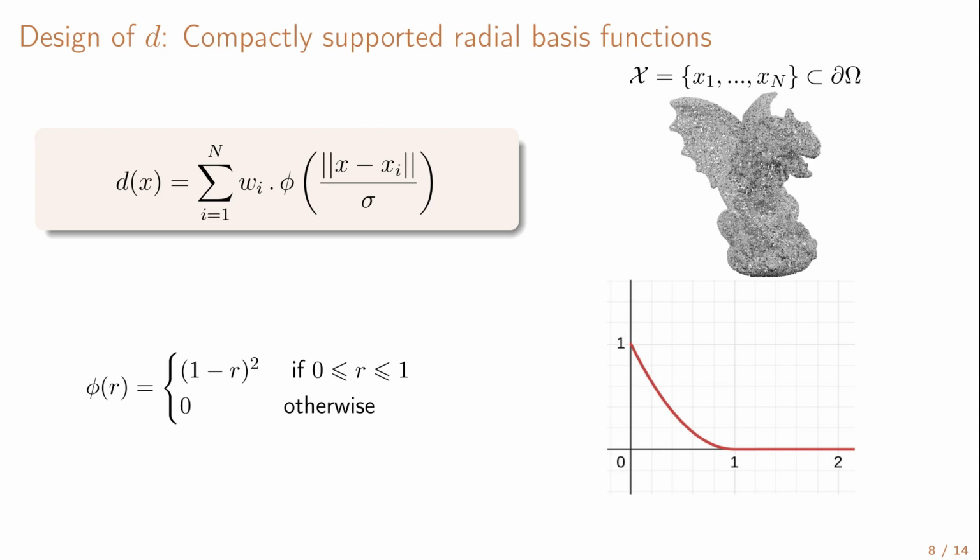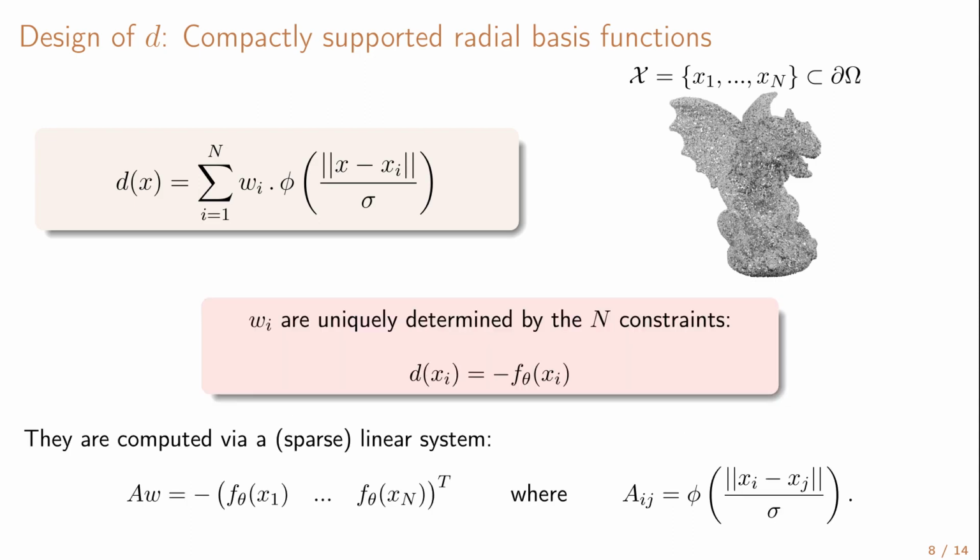And as it turns out, having a detail field of this form is very convenient, because the weights that we need to assign to the function phi are uniquely determined by the n constraints that we set. That is to say, we want the detail field to exactly compensate the value of the neural Lipschitz field at the given points on the surface.